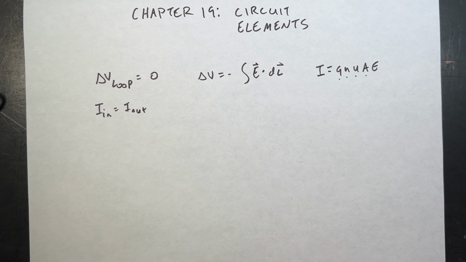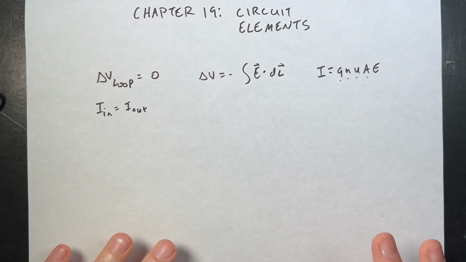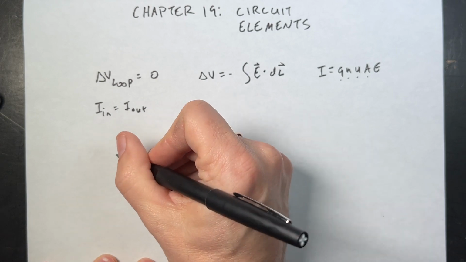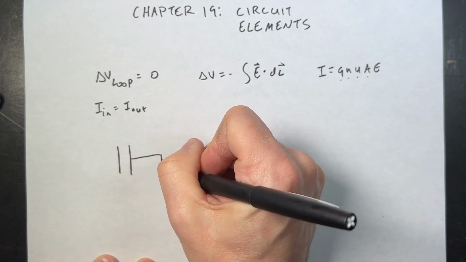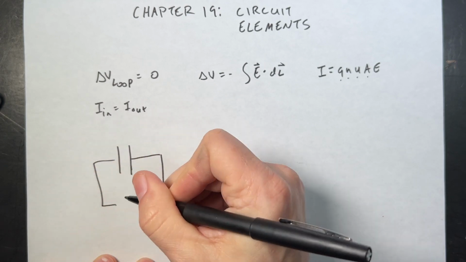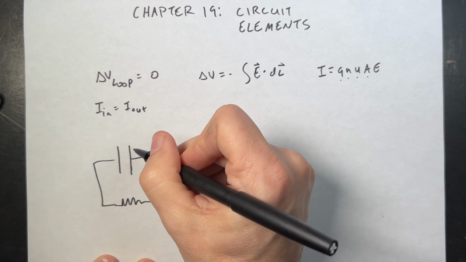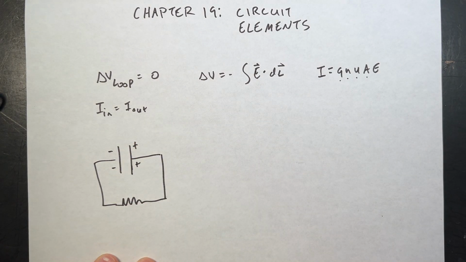Okay, let's look at what happens if I have a capacitor hooked up to a resistor. I'm going to start off with the simplest case of a capacitor like this. I'm not going to draw thickness in the wires. I'm just going to draw the resistor like that. Now imagine that I have positive charge and negative charge right there, so it's a charged capacitor.